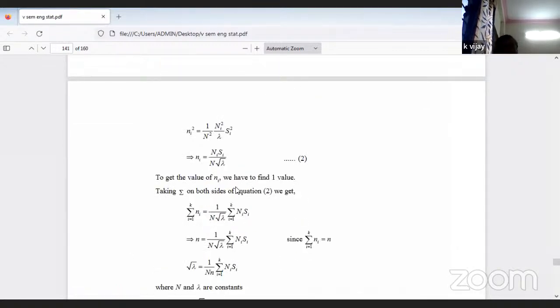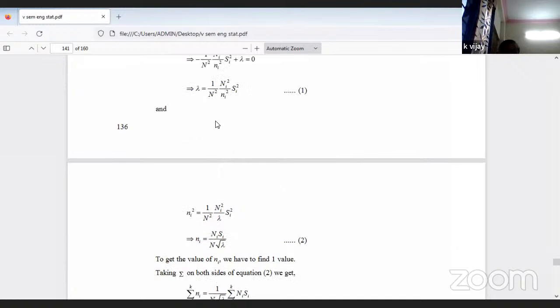So then ni square 1 by n square by lambda si square. Therefore si square lambda is equal to 1 by n square ni square by ni square si square.